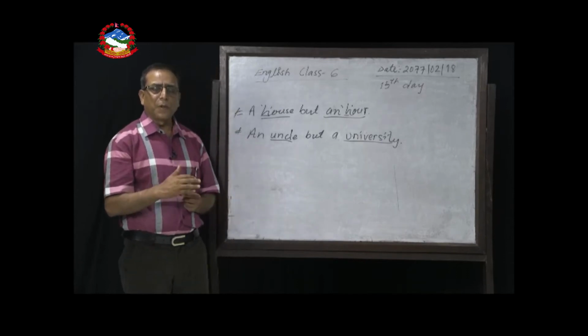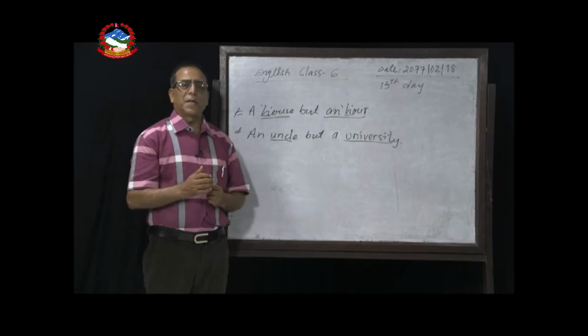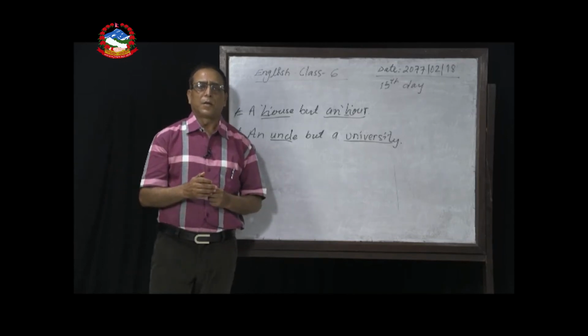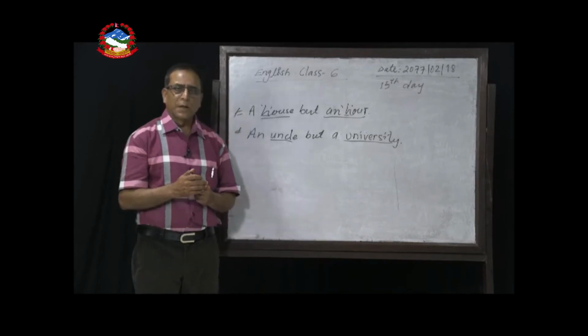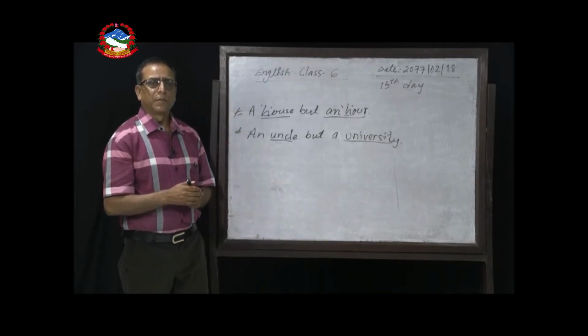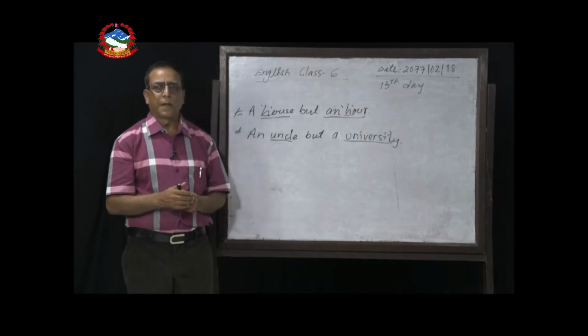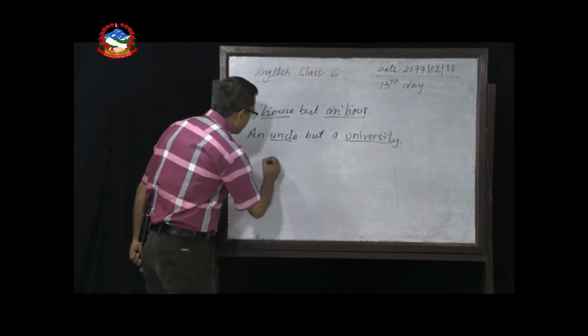Before the positive degree of a word, we use a article. For example, a cold day.